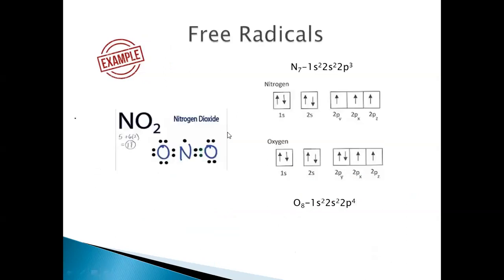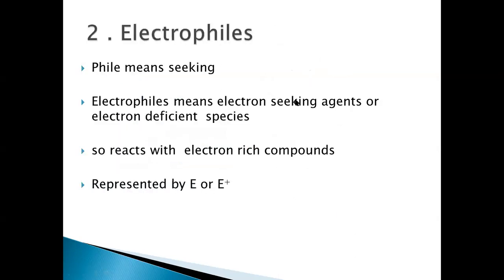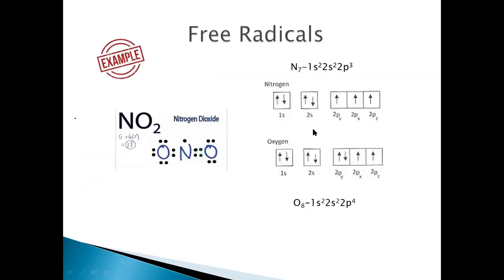Now let's see another example, nitrogen dioxide, that is NO2. The outermost configuration of nitrogen is again 5 electrons and 6 in oxygen. As there are 2 oxygens, 6 into 2 is 12, so the total is 17 valence electrons.